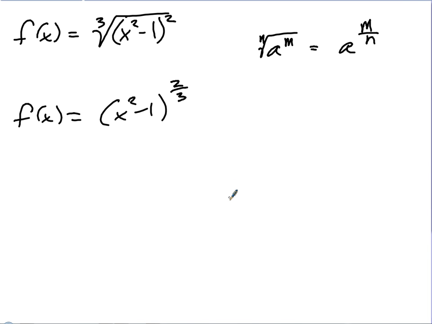Okay, and so then this is not a big deal to differentiate. First link would be what then? Yeah, good. 2/3 times x squared minus 1 to the power. Okay, did everybody see that? 2/3 minus 1 would be negative 1/3 in the exponent. Okay, so there's our first link.